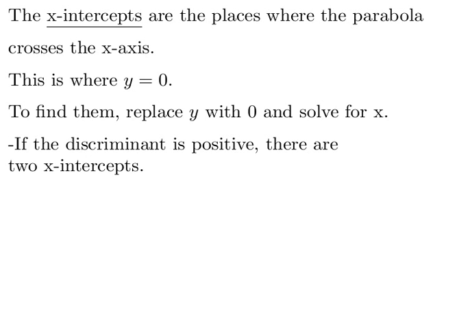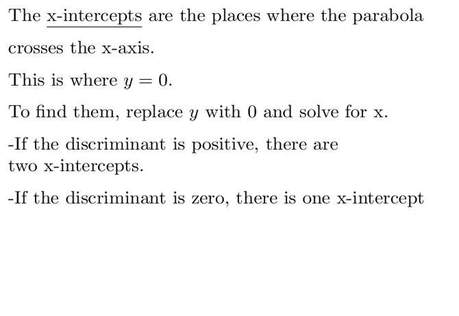If, on the other hand, the discriminant is 0, there is one x-intercept that will technically not cross.